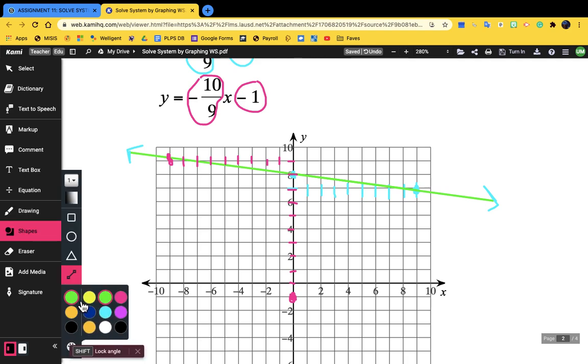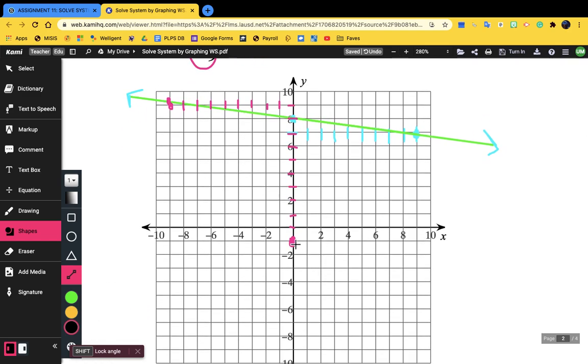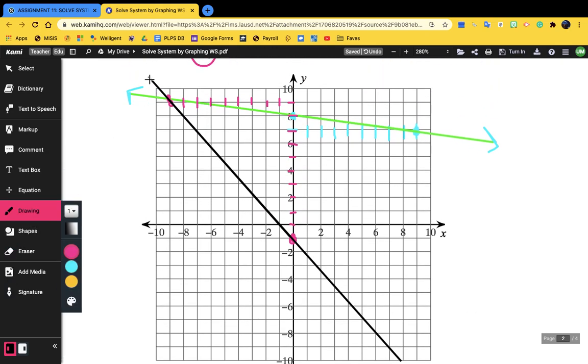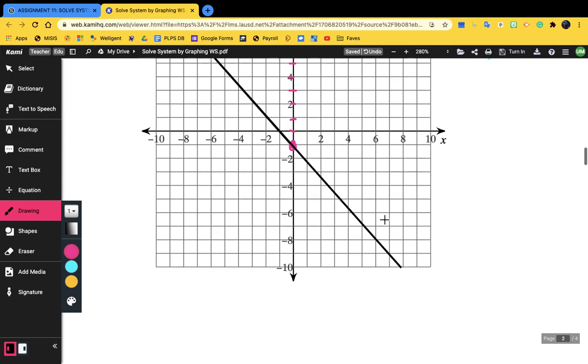So go to shapes and go to black. From my first pink point through my second pink point, sorry. And from my second all the way through my first, all the way through. And go like that. And go back to my drawing and arrows. And arrows.